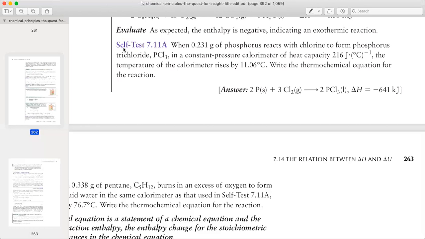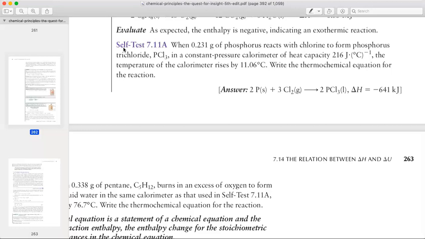Yeah, Renisha, what's up? For the last step, which is finding H, I was confused as to how many moles you would multiply by the original Q that we got in the first step. Basically you have to figure out how many moles of phosphorus you've got. So you divide the mass you're given by the molar mass of phosphorus, which is about 31 grams.